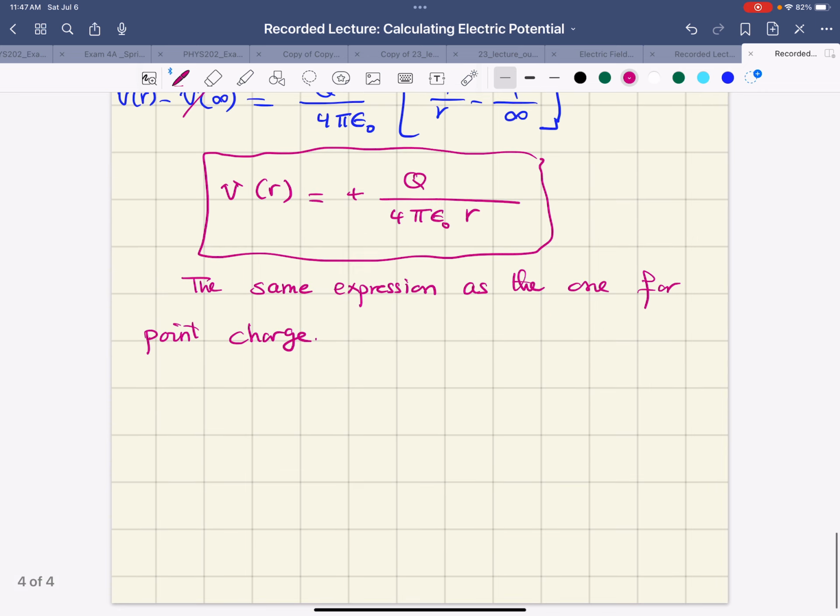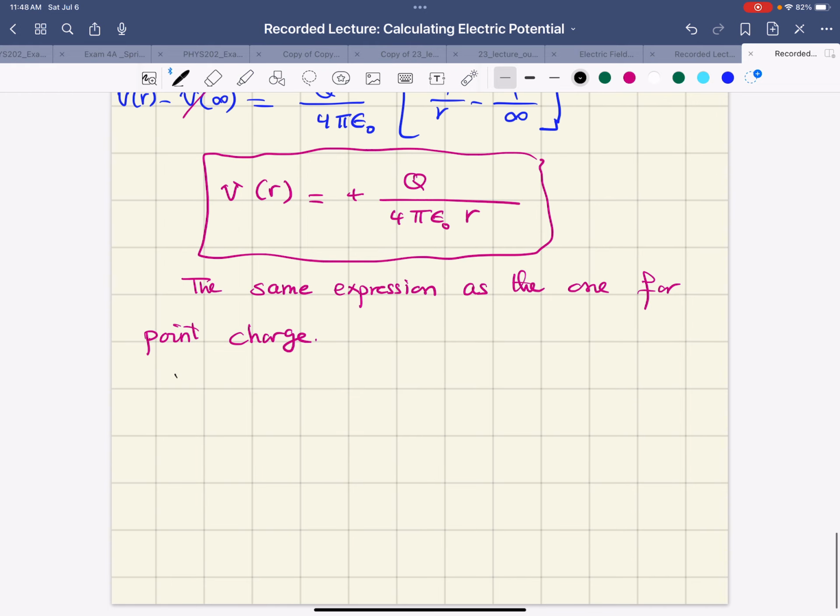Looking from outside, it is very similar to the charge accumulating at the center, very similar to the point charge that we are talking about. Now next, let's move to the second case.